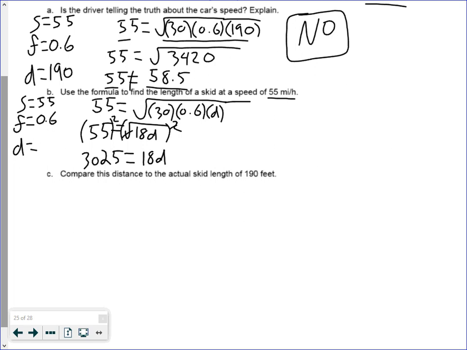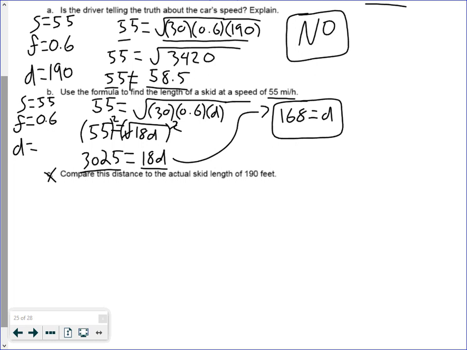And we're left with 18D. All we have to do now is divide 3025 by 18. And when we do, we get that 168 equals D. Just divide both sides by 18 over here, and you get D equals 168. And that's what our answer is going to be for 1B.